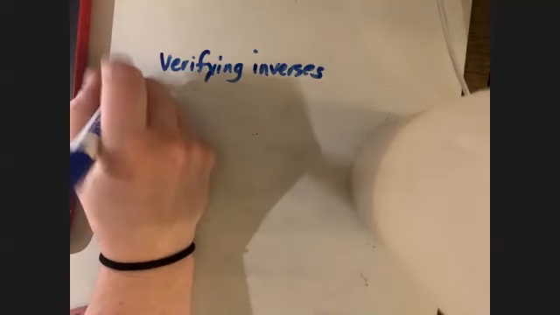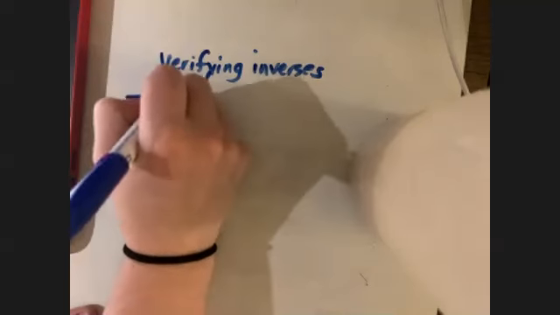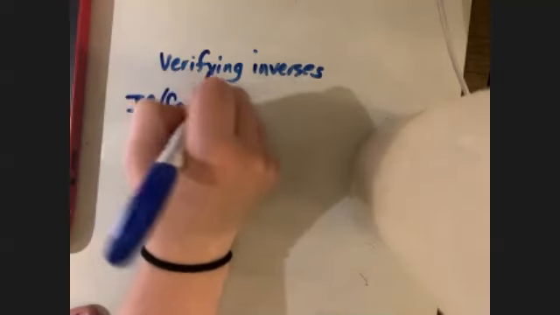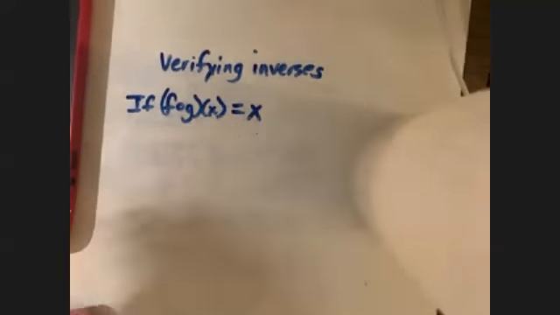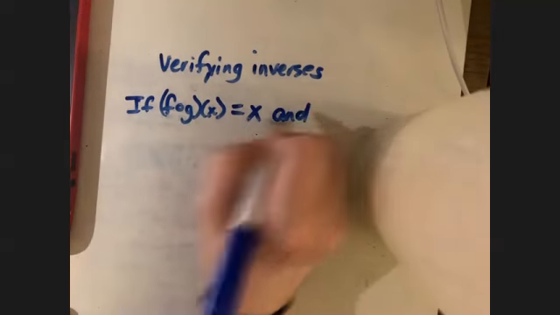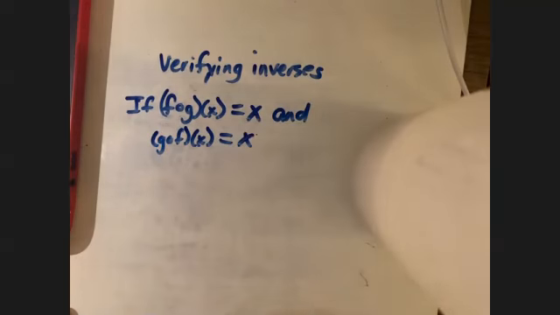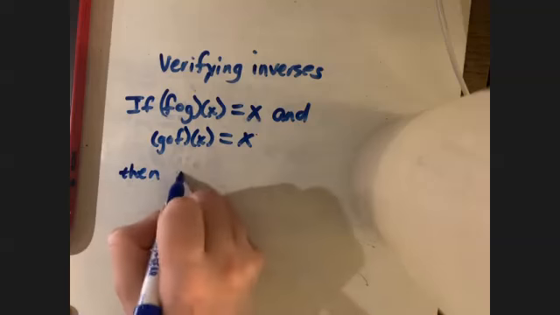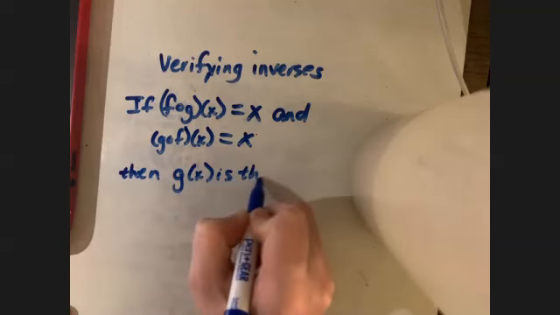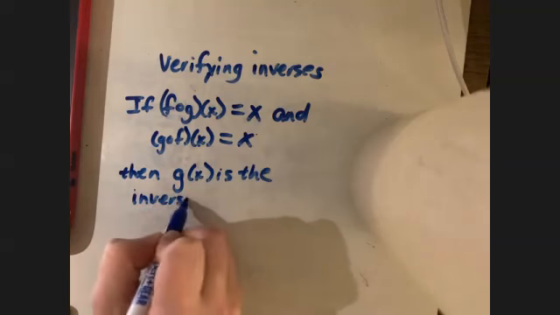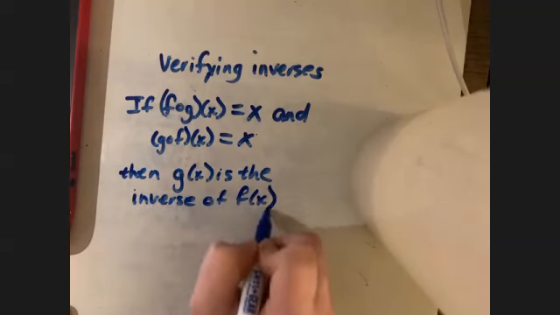If f composed with g of x equals x, meaning when I do my composition I get plain x, not x squared, not 2x, not 5x plus 7, and g composed with f of x equals x, then g of x is the inverse of f of x.